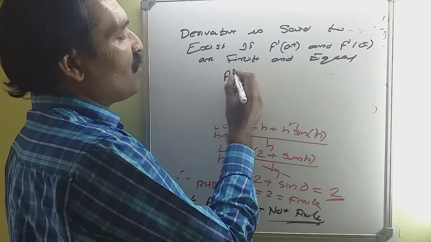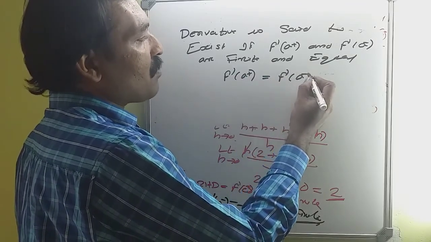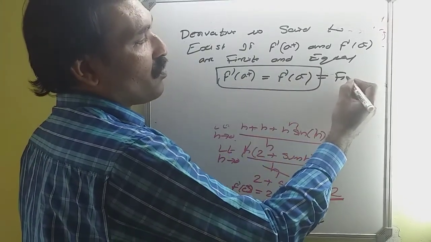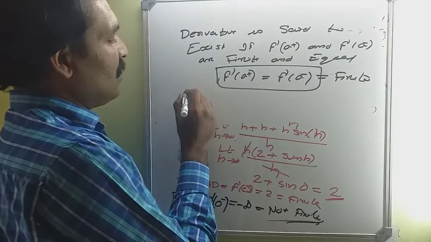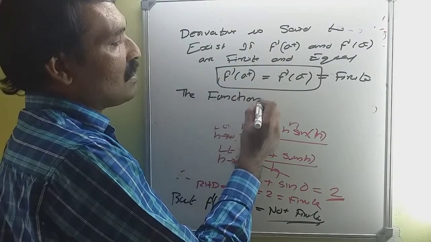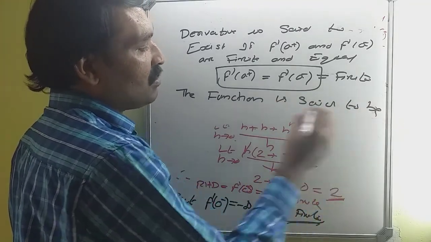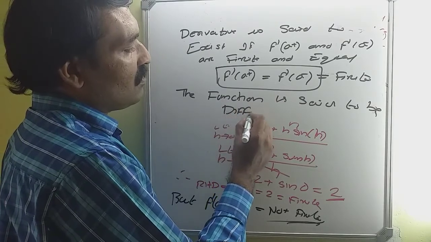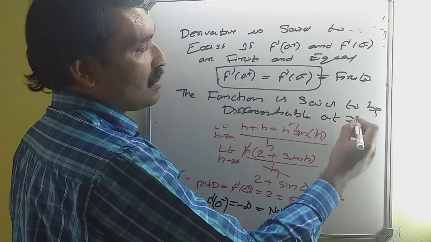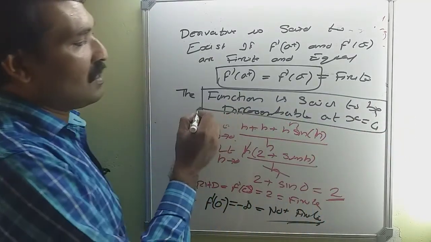That means f dash a plus is equal to f dash a minus, and this is equal to a finite value. Then the function is said to be differentiable at x is equal to a.